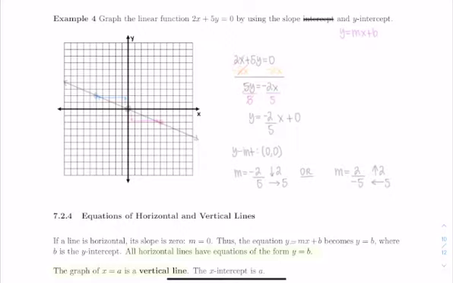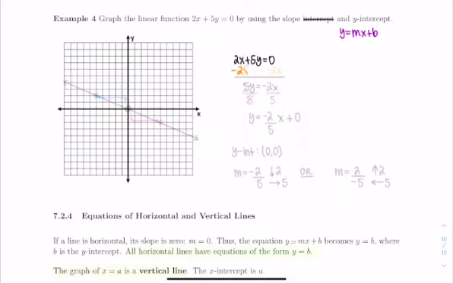And remember that the form for slope-intercept is y equals mx plus b. So the goal is to get the y by itself. So we have 2x plus 5y equals 0. Well, let's go ahead and get y by itself.